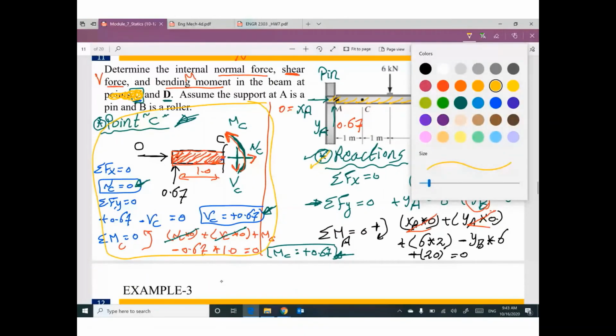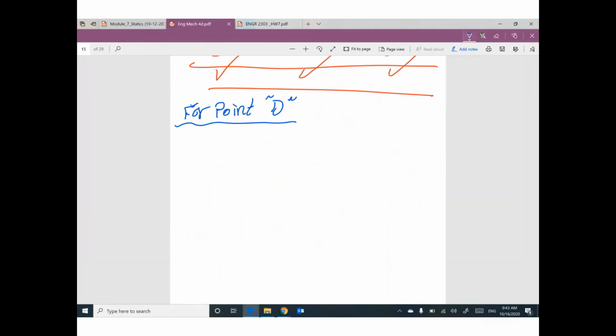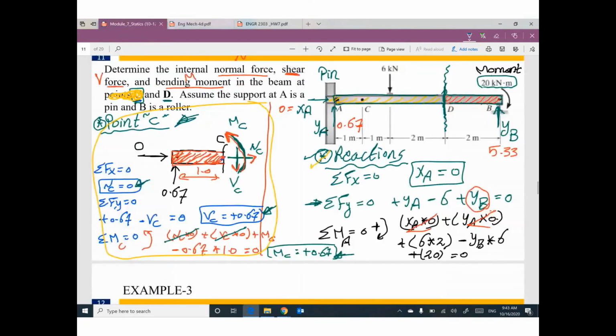If you cut at D, you can use the right part or the left part. One more time, one of you will say, what about point C? Please forget that we have a point C. I believe the right part will be easier. So the right part will look like this. Here is the cut at point D. We have here a vertical reaction 5.33 and the moment 20.